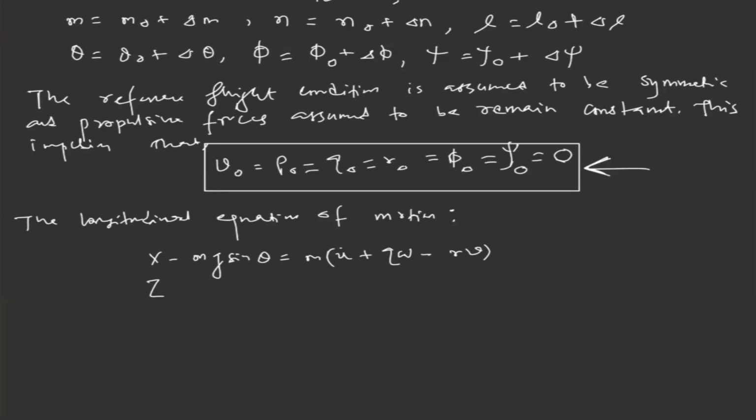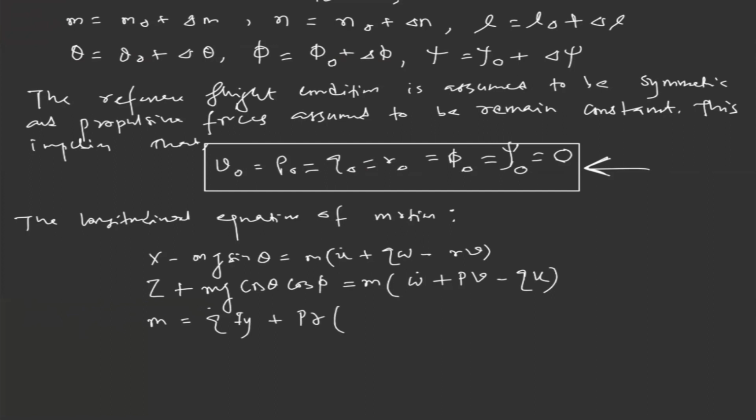So I can write Z plus mg cos theta cos phi equal to m into w dot plus pv minus qu, and the moment equation for the longitudinal motion: M equal to q dot Iy plus pr (Ix minus Iz) plus (p square minus r square) into Ixz, where the moment is in the y direction so that we can control the pitch axis of the aircraft.